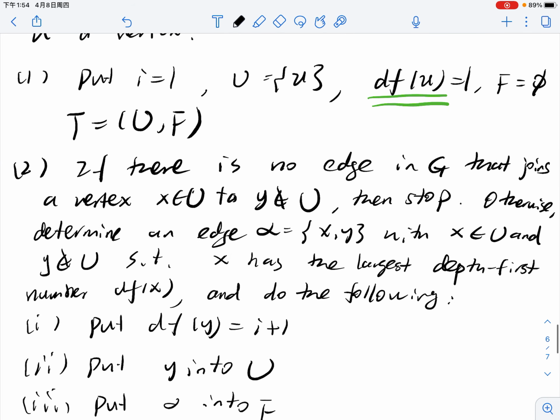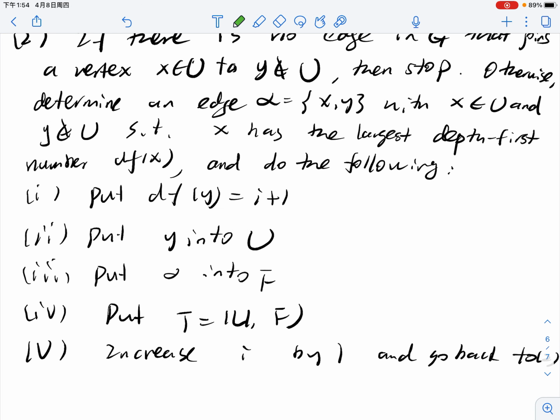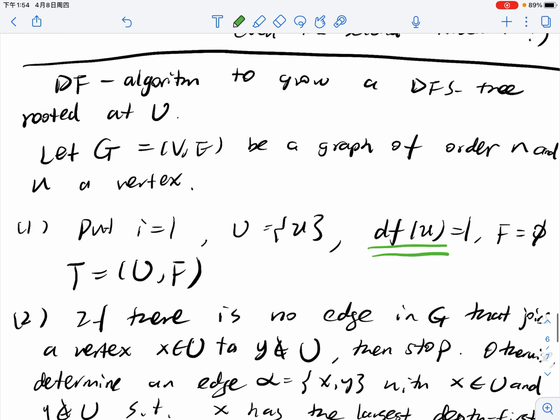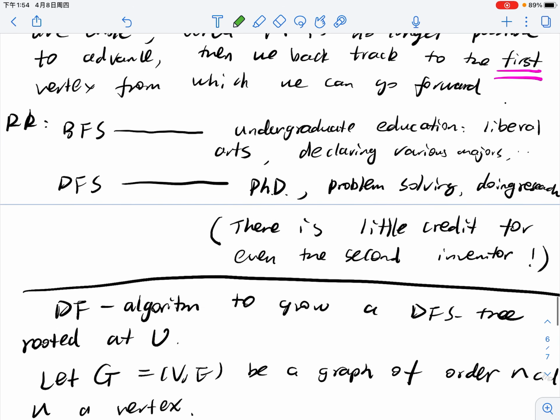So here the crucial thing is that we choose x to have the largest depth first number. Recall that we stop at the place with df number i, and you need to find the largest one, that means the one closest to i. So that corresponds to the first here.